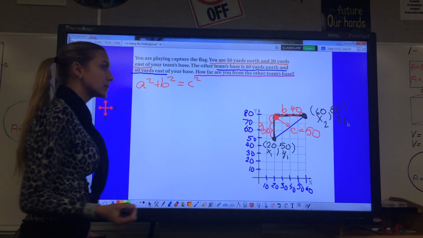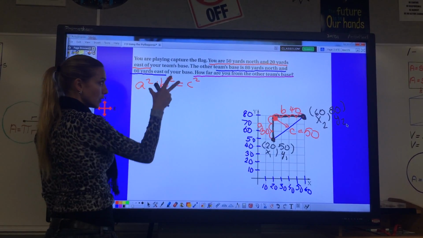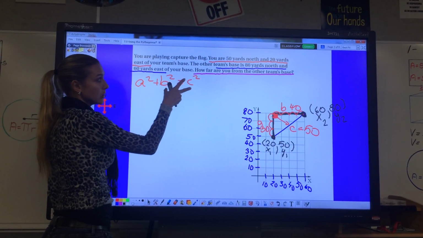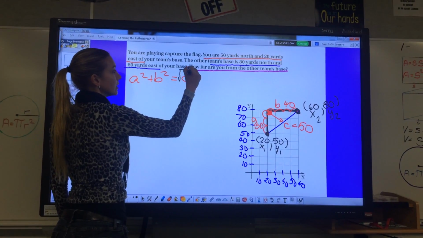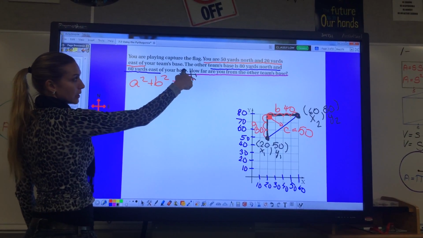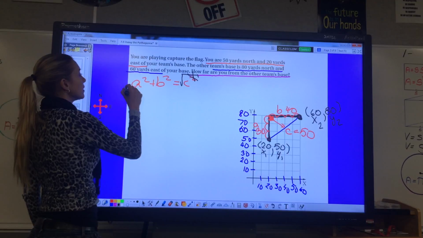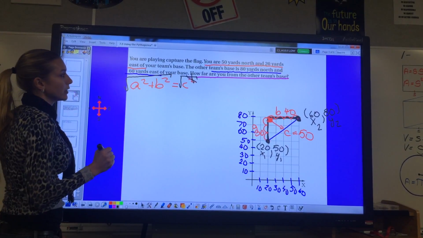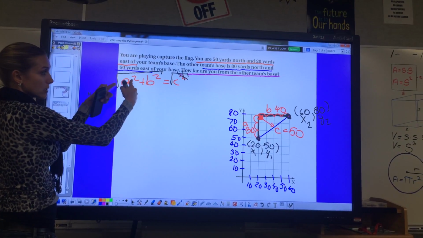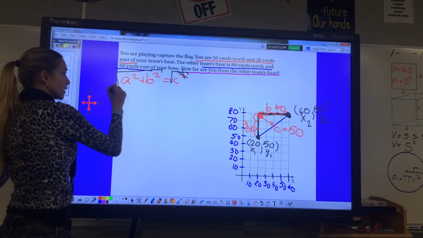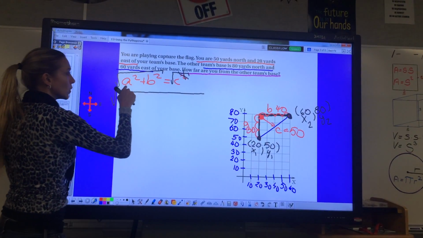If you remember, the distance formula is derived based on this, right? If I was to take a square root in here, to cancel out the exponent, right, to get rid of the square, I have to take a square root over here. The A talks about the difference between my x coordinates, right?